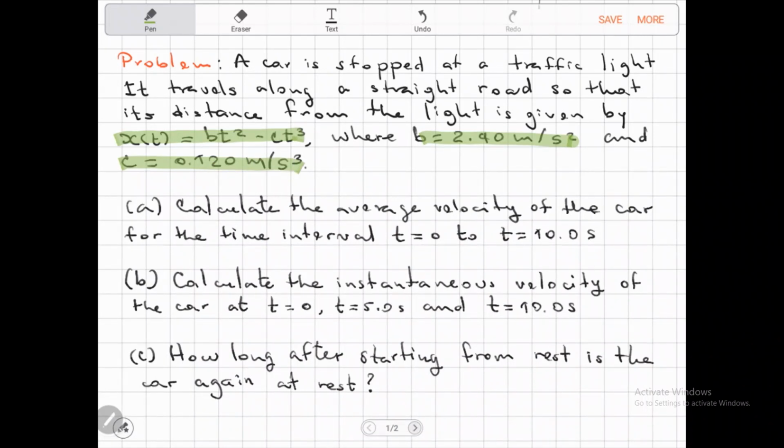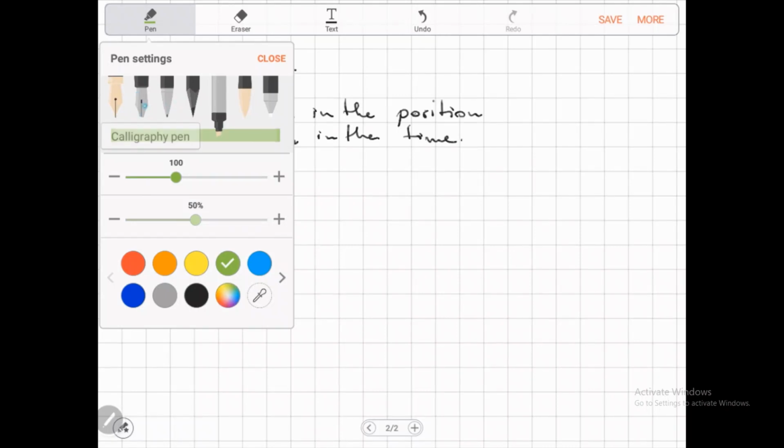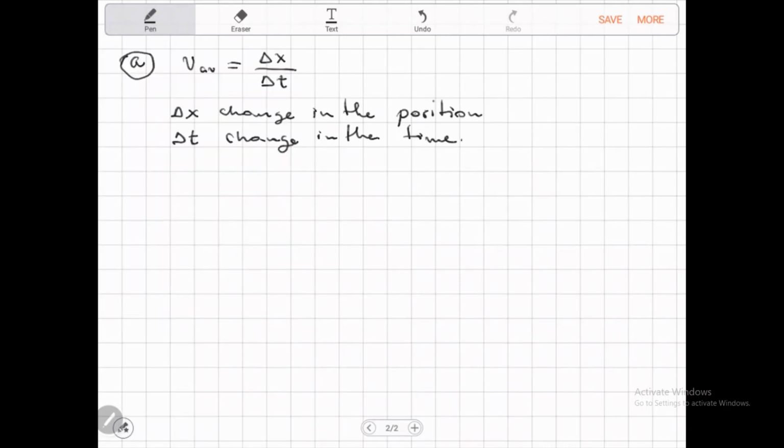So what we do here is use this formula. We evaluate the position at the time that we are asking.